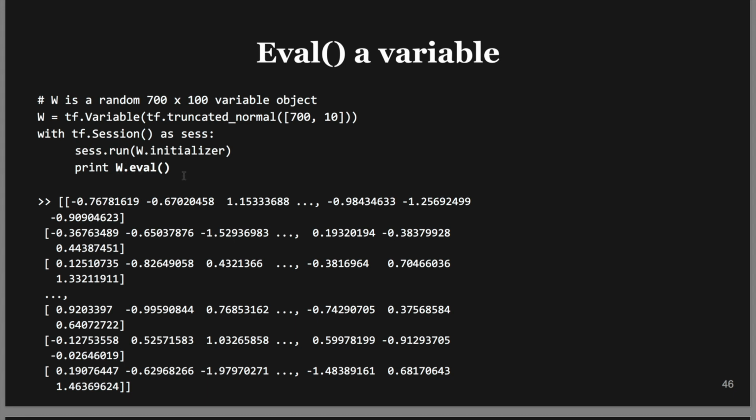What eval does is that it is a short form for getting the default session and then running w on it. So for example, this statement w.eval is going to be called as tf.get_default_session().run(w). So it's a short form of writing that, and then you can print out that variable.